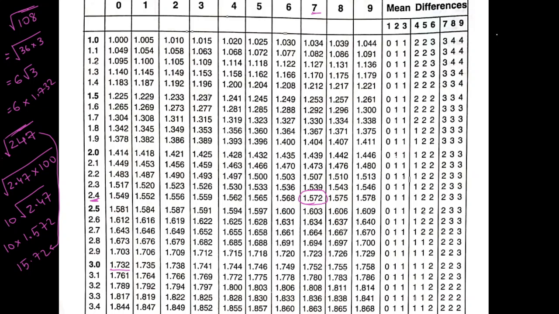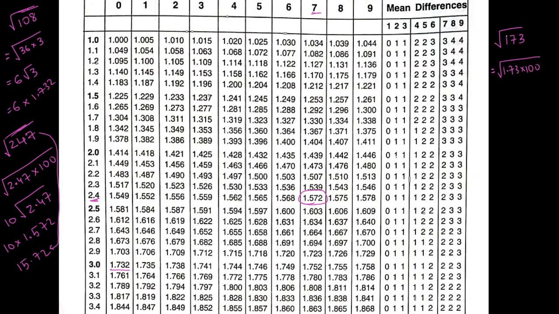Let's take another example similar to this one. Let's say we have a number 173. Let's see, if you want to find the square root of 173, right? Once again, if you can factorize this, well and good, but if you can't, you can consider this to be square root of 1.73 into 100.